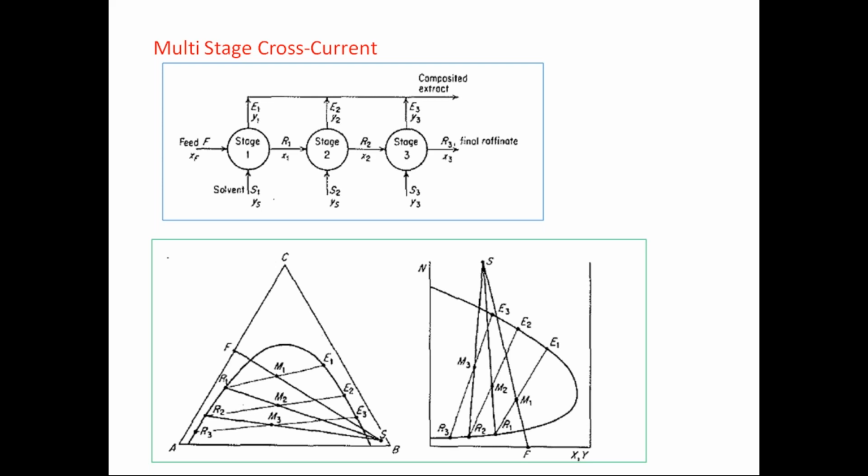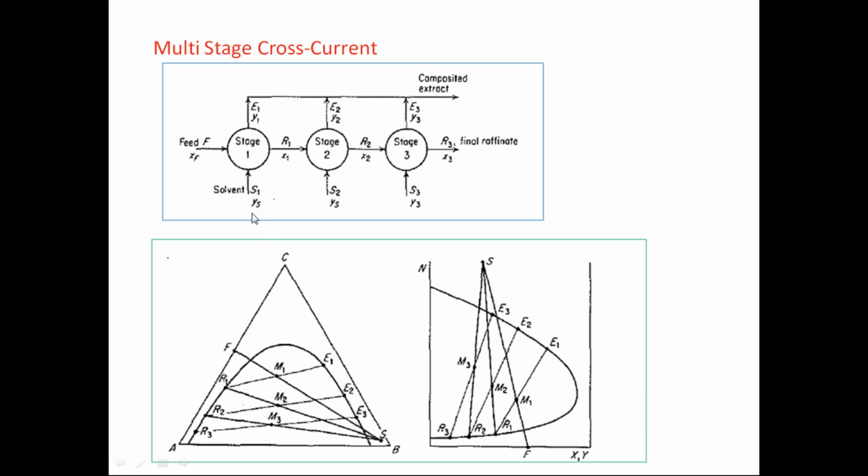So how do you calculate the required number of stages in this case? Either you can use the ternary diagram, or as I told, solvent free coordinates which can be drawn on an XY diagram. In the first stage, the feed is entering stage one, then the solvent is added.